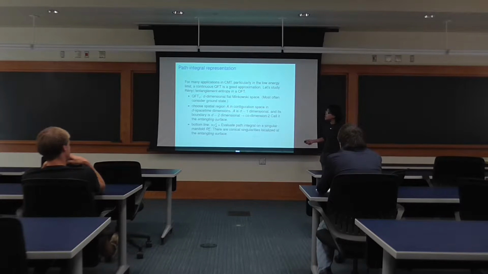The region A would be chosen as some spatial region in configuration space. So A would be d-1 dimensional, and the boundary of A is d-2 dimensional. So it's a codimension 2 object. It will play a very special role, and so let's give it a special name, the entangling surface.